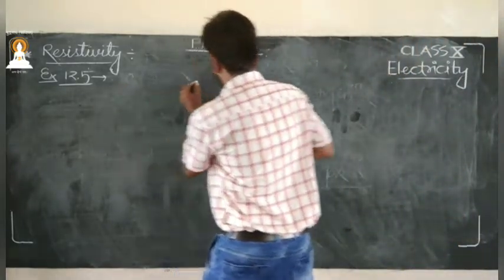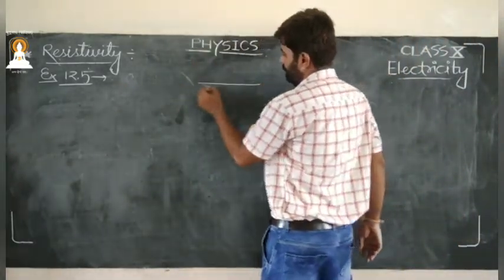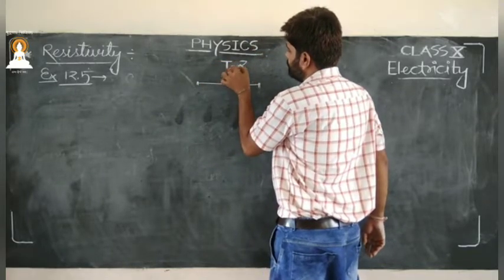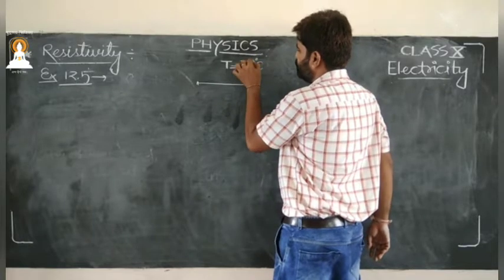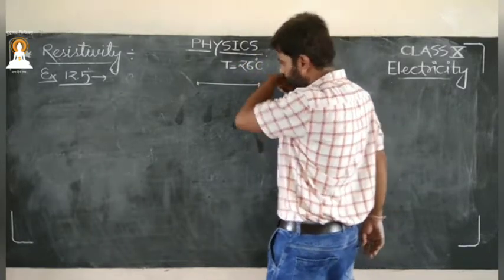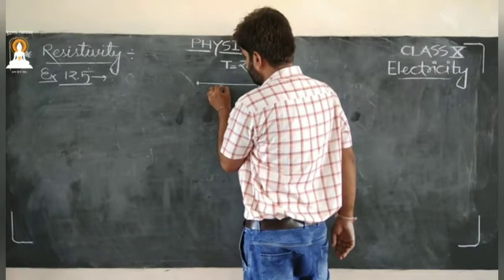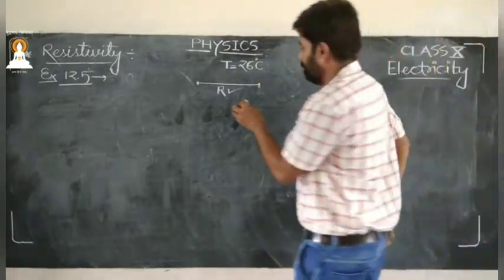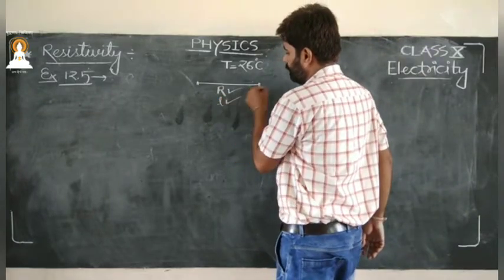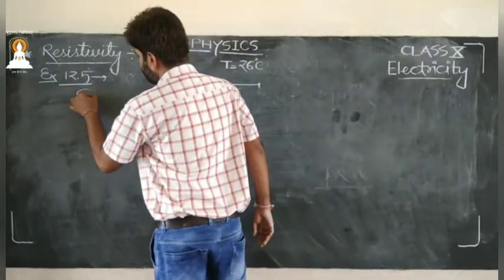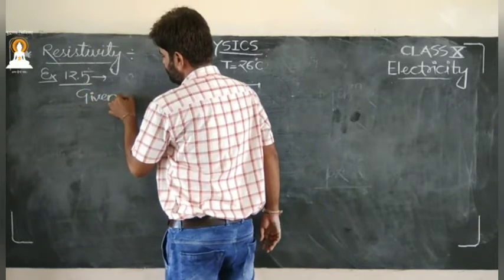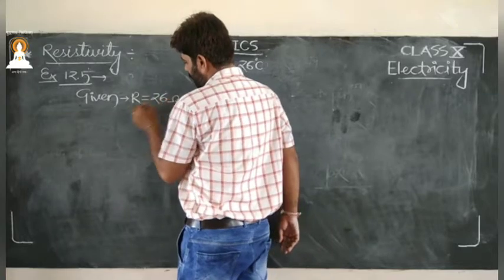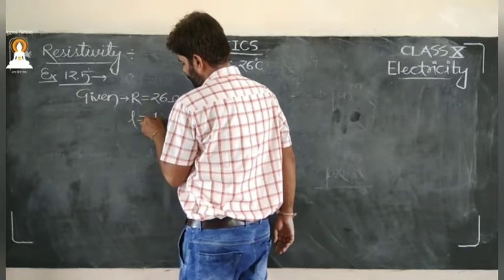Suppose this is a metal wire; no need to worry about the temperature, that is constant. Resistance they have given, R equals 26 ohm, and length they have given, 1 meter.